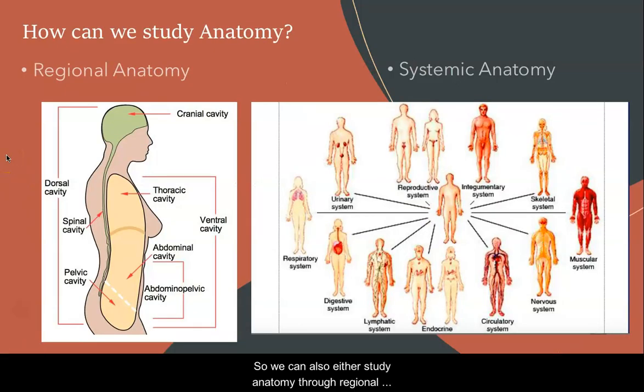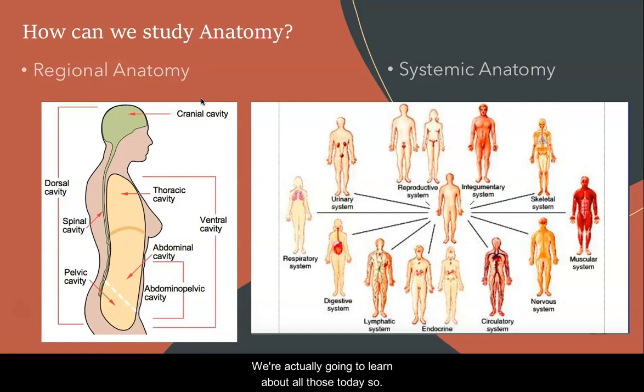So we can also study anatomy through regional anatomy, where we would study different regions of the body, maybe the cranial region or the thoracic cavity or the abdominal cavity or the pelvic cavity. Okay, all of these would fall under regional anatomy, or we could study systemic anatomy, where we would study certain body systems: muscular, skeletal, nervous system, circulatory, endocrine.